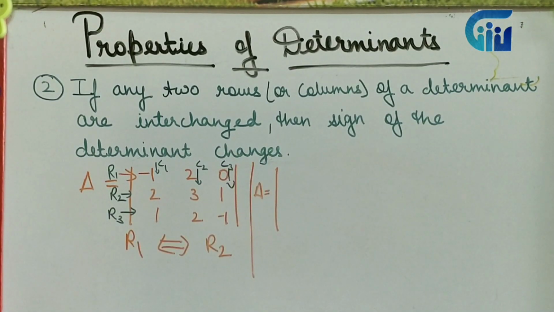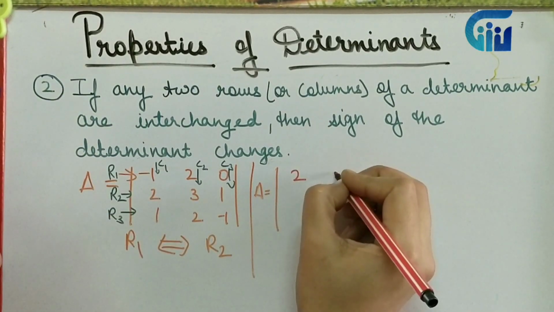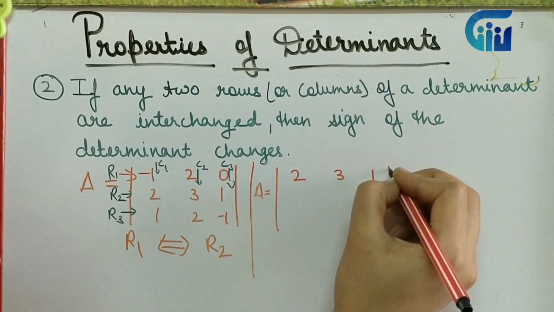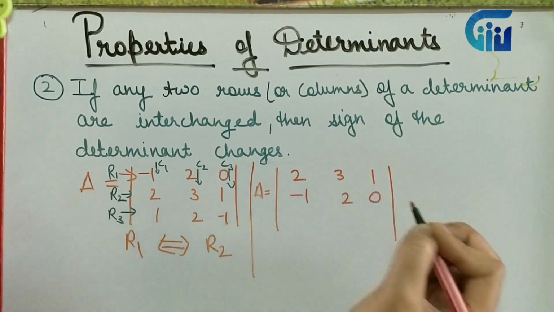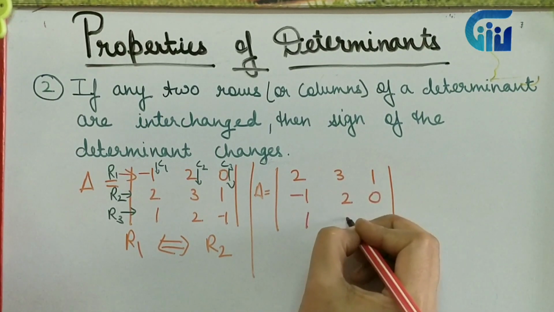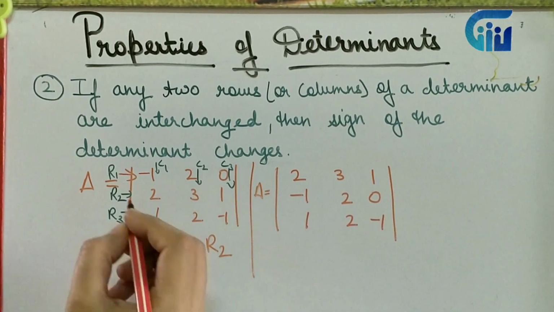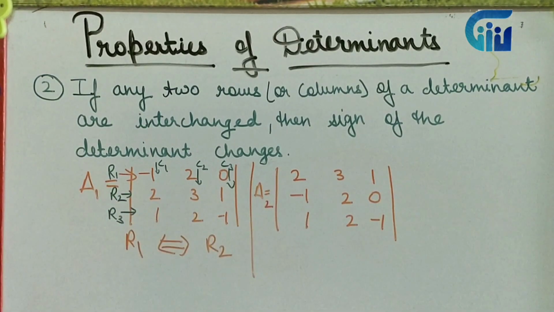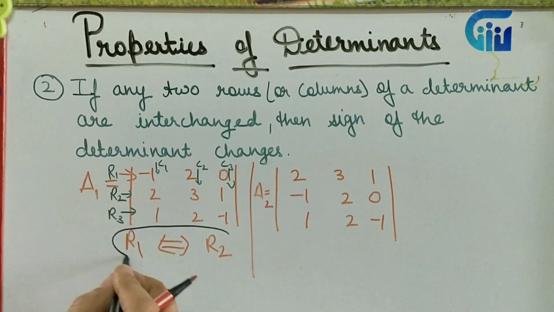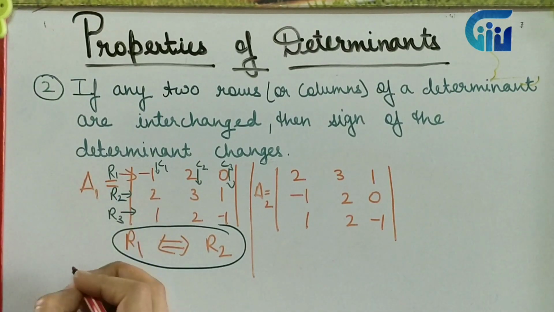Now I'll change R1 to R2. So I will write all the elements of row 2 over here and all the elements of row 1 over here, and R3 will be exactly the same. So now what do I have? I'll address them as determinant 1 and determinant 2 after applying this operation. So now let's find out the value of the determinant of both.